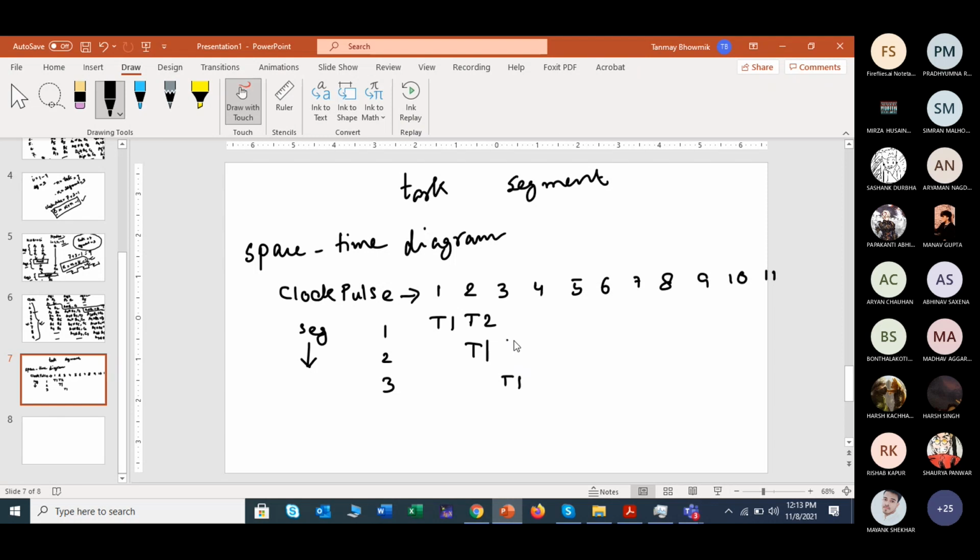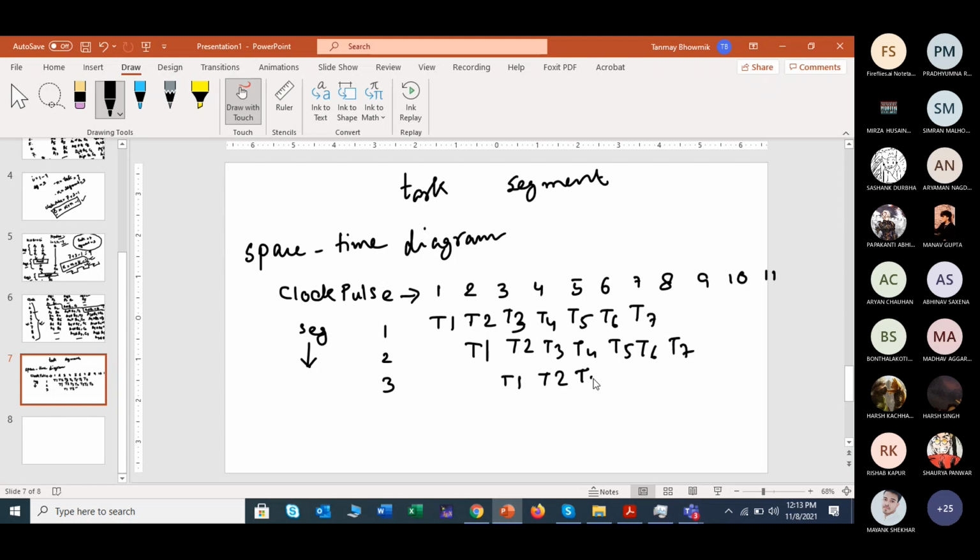Then it will go like this. Third pulse, fourth task, fifth task, sixth task, seventh task. So here also it will continue this way: T3, T4, T5, T6, T7.